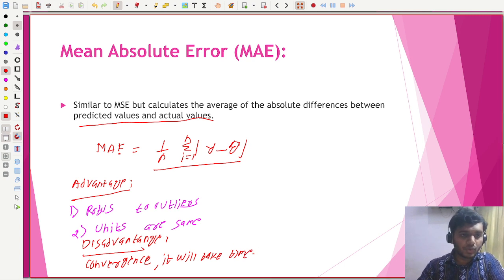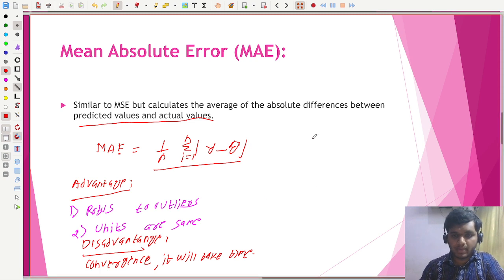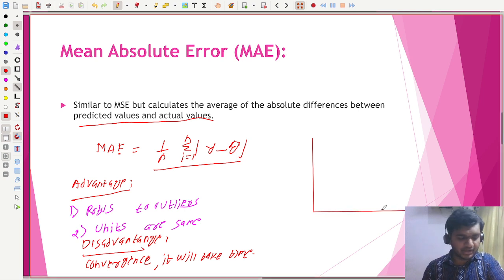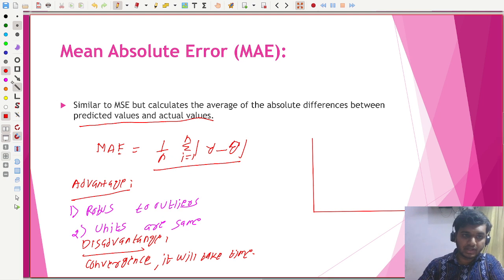So if you notice, suppose you draw for mean absolute error, you will notice some outlier in mean square error. The line is like this.